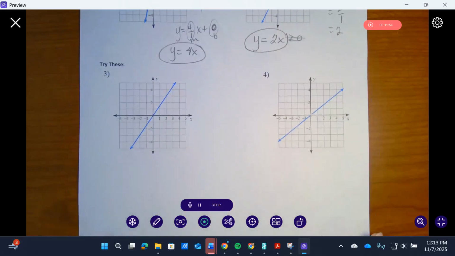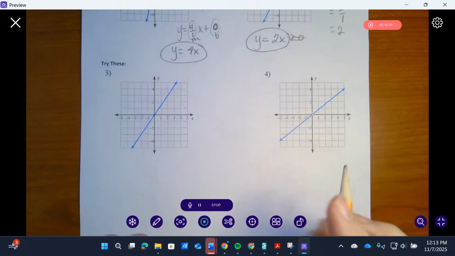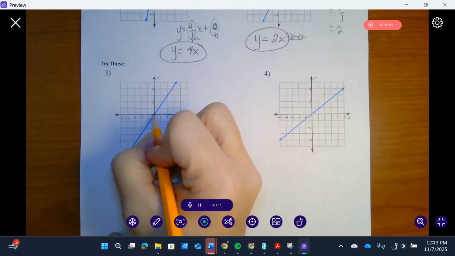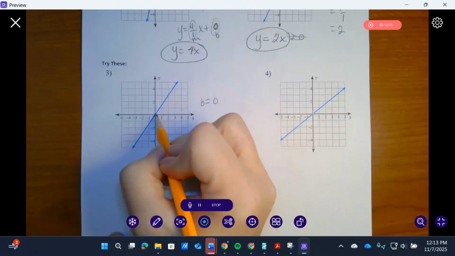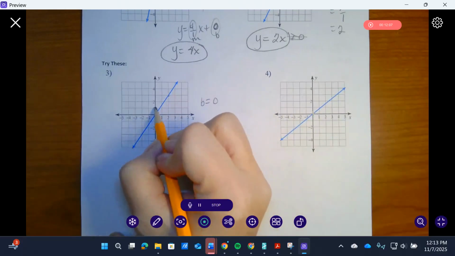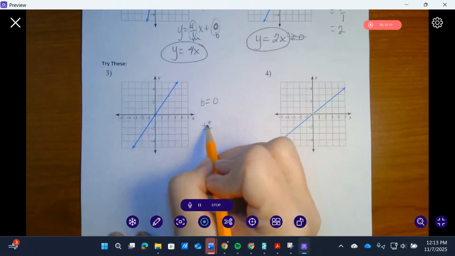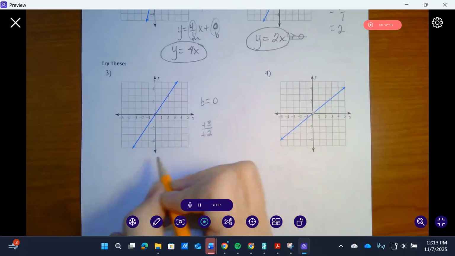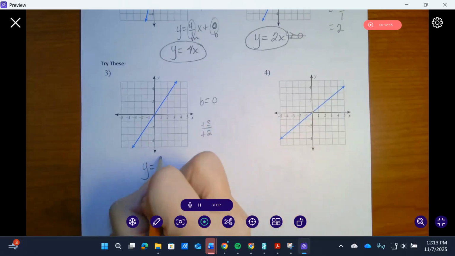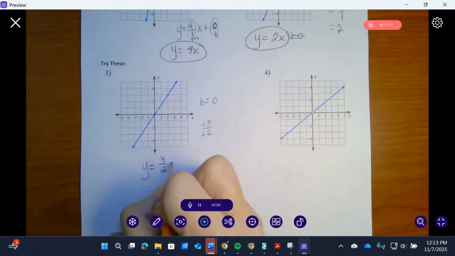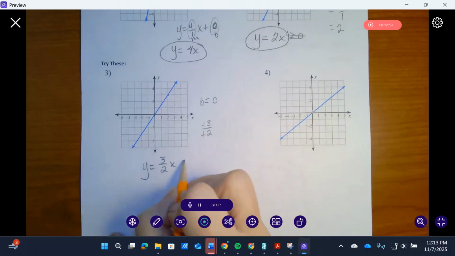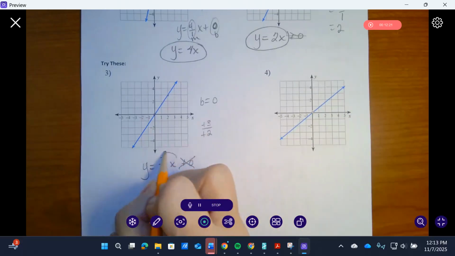Okay, pause the video, try these two, and then replay the video, and you can check your answers here. Okay, again, I have a b of 0 and a slope of 1, 2, 3, up 3, over 2, right 2. So my equation is y equals 3 over 2 x plus 0. We leave the plus 0 off.